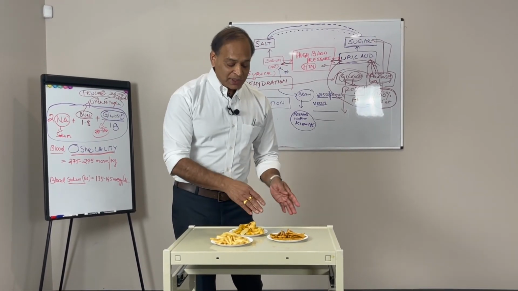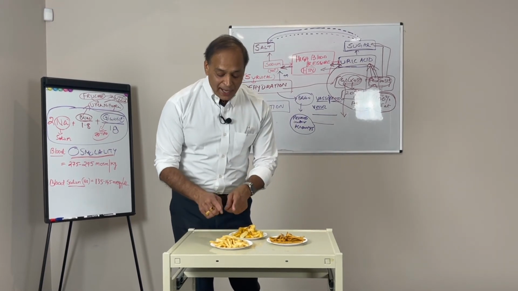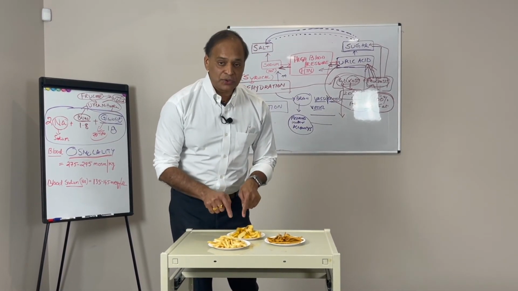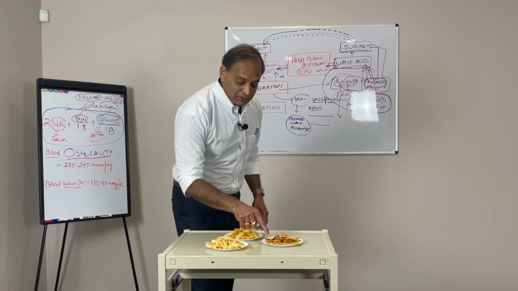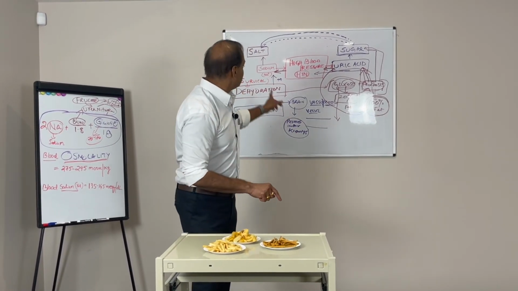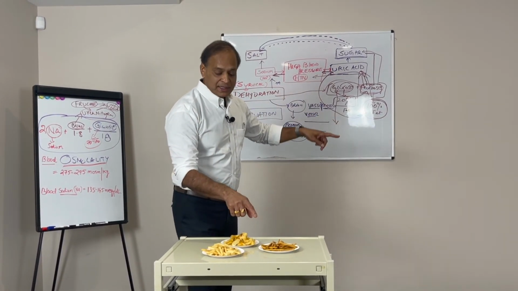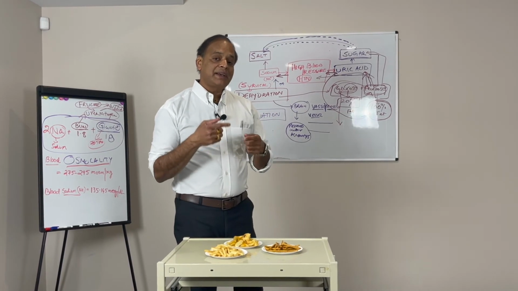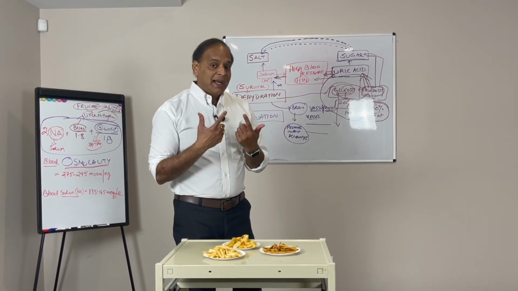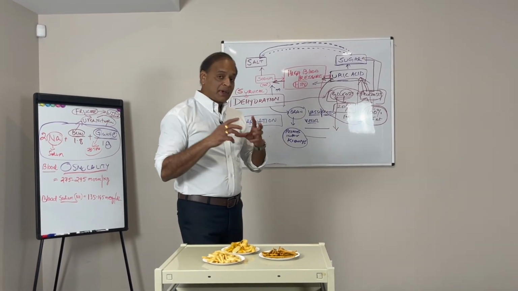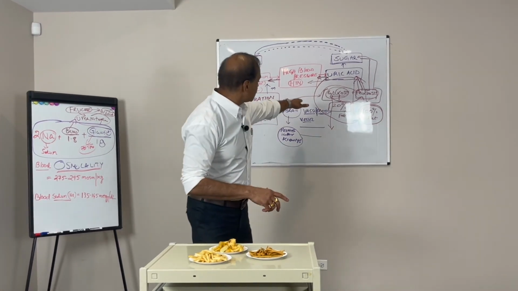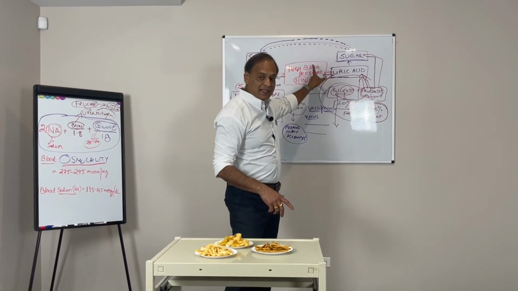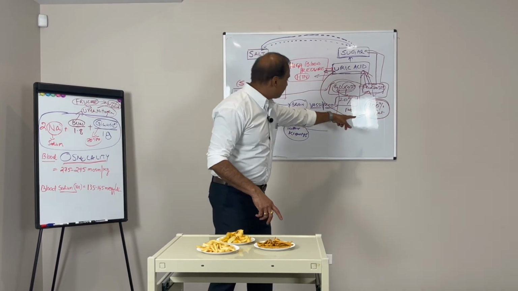So if you just count calories, what happens is when you add salt to these foods, the salt converts this glucose to fructose, plus also it makes you dehydrated. You get the third signal, and everything will trigger the fructose pathway and make more uric acid, increase the blood pressure, increase the fat.